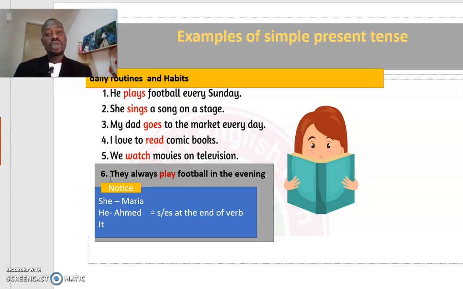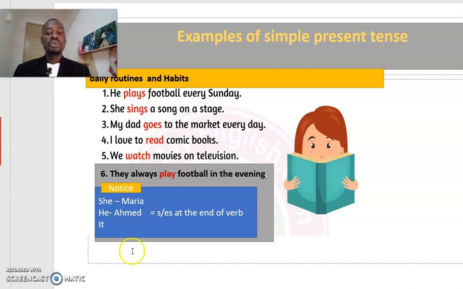Number six, "they always play football in the evening." So this is also a sentence that tells us about a repeated or regular action. So this is also a routine, right? They play football in the evening. It happens always, right?